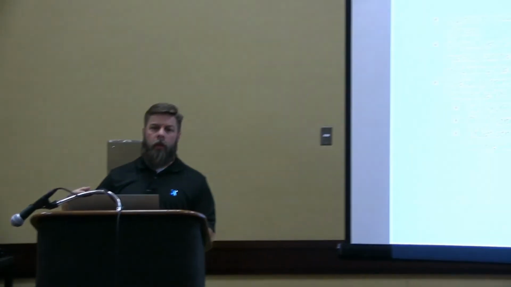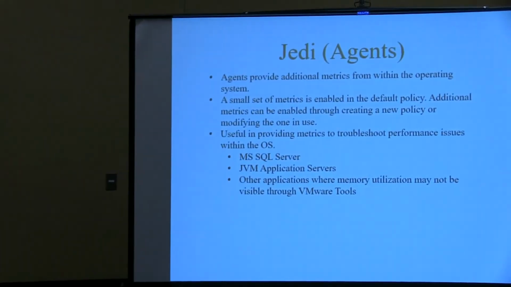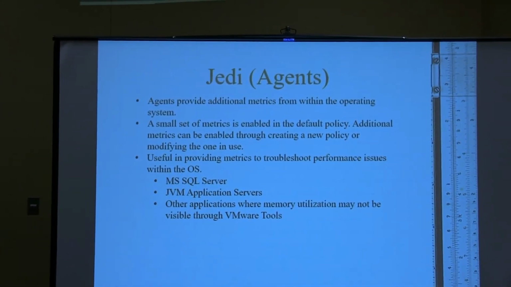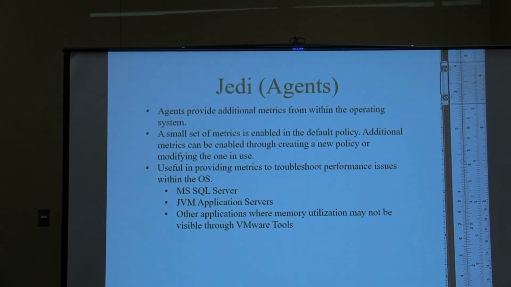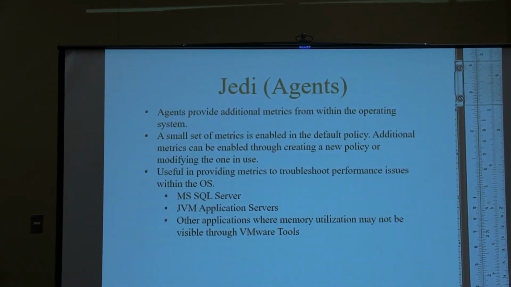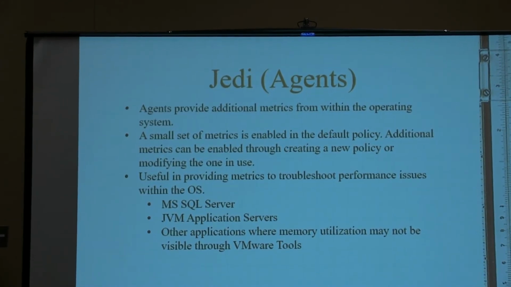Looking at agents, a lot of people don't like agents, but agents do provide a lot of value in this type of system. They provide additional metrics from within the operating system. A lot of these metrics include not only CPU utilization from the operating system itself, but also memory utilization.